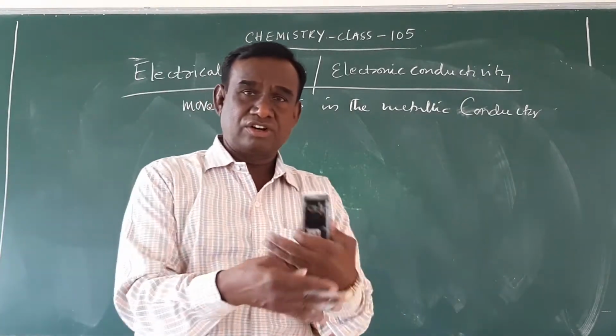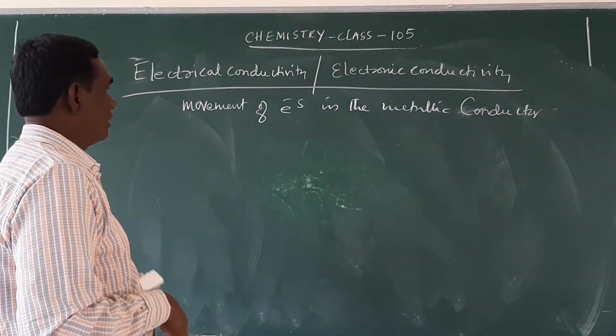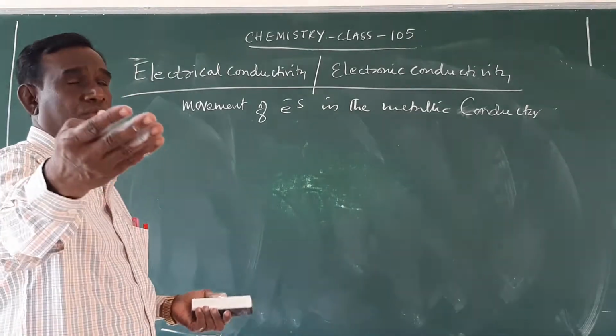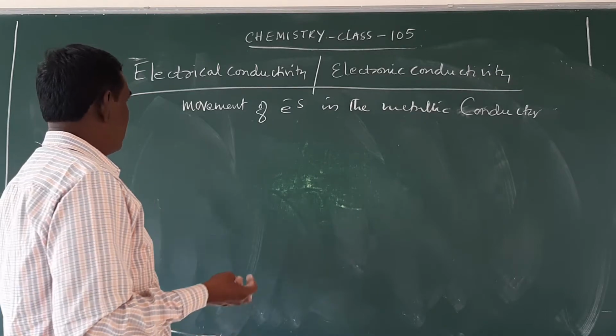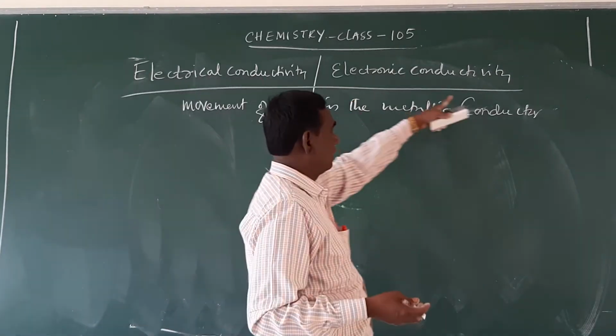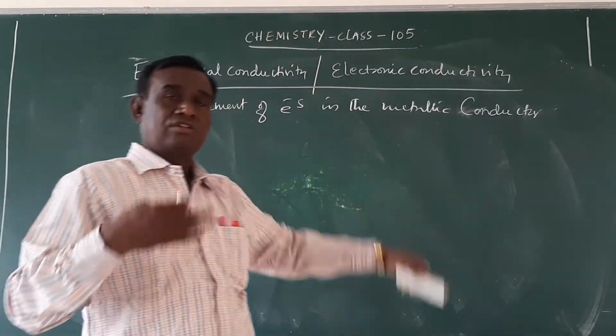So movement of electrons leads to conductivity, that is electrical conductivity. That is also why it is called electronic: electrons move in the conductor. Therefore electrical conductivity is often called electronic conductivity.